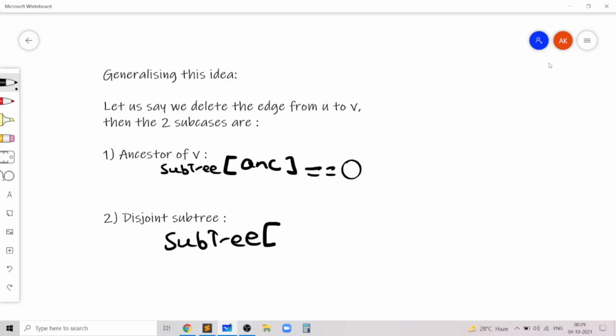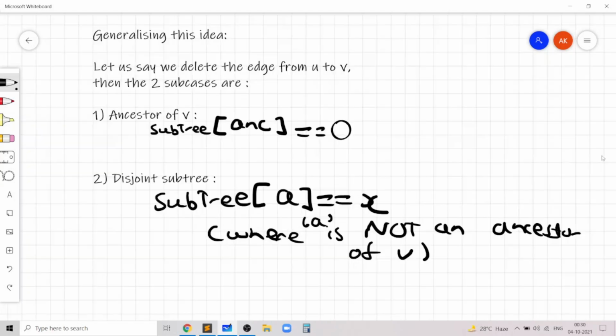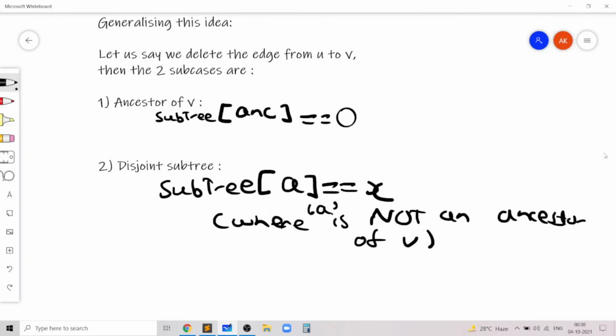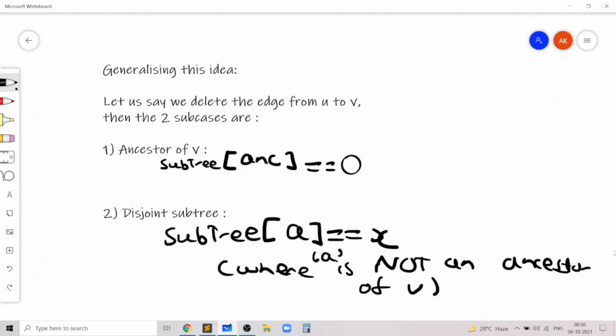So let's just say the subtree XOR of some node a should be equal to x, where a is not an ancestor of v. So this is the second case, and basically these are the two cases. And now we need to be able to efficiently pass down these two pieces of information in our DFS function.